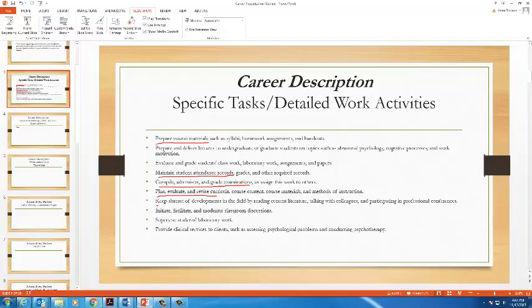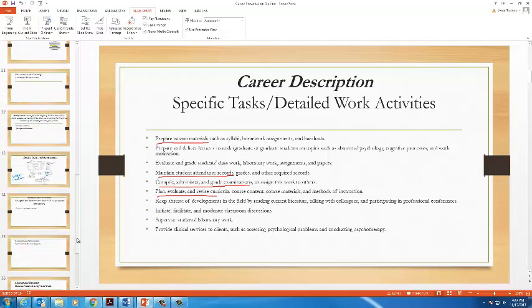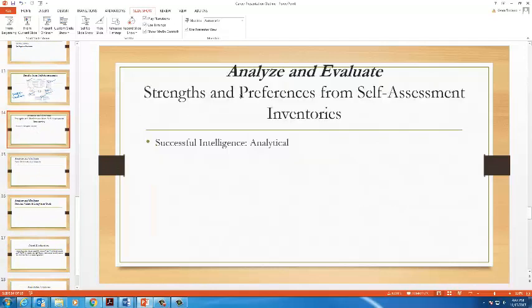So as a strong analytic thinker, I have the ability to see both the big picture and all of the moving parts. As an analytic, I'll have the strength as a university professor in planning and evaluating and revising curriculum. Okay, great. Next one.